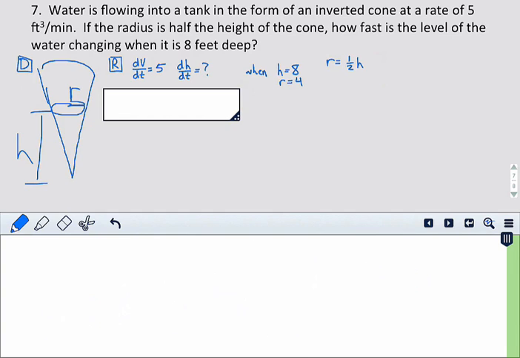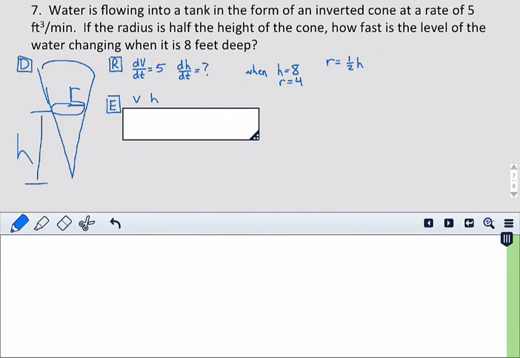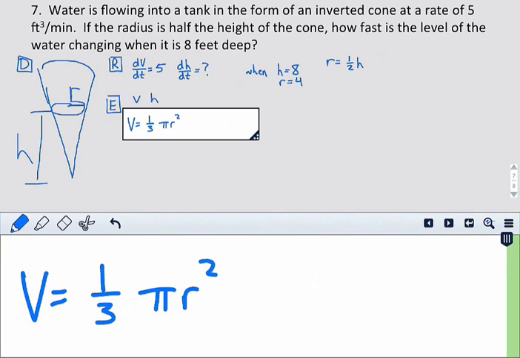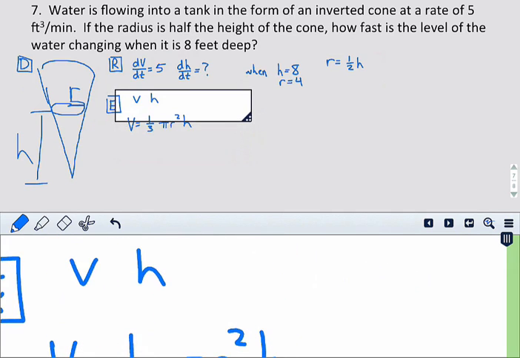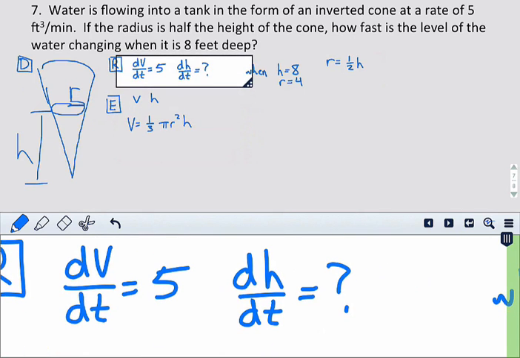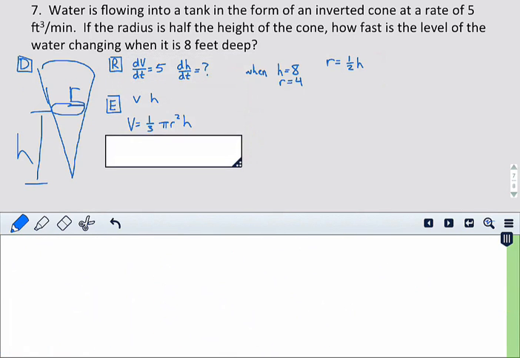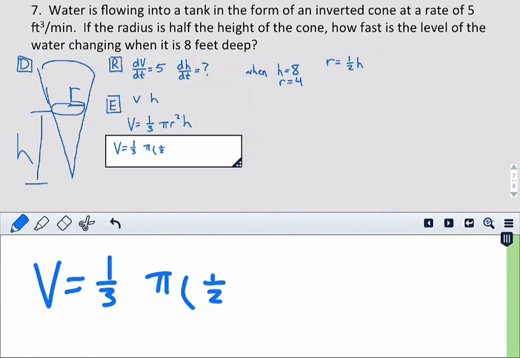So let's go ahead and find our equation. And we want our equation in terms of V and h. So we do have the volume of a cone is 1/3 pi r squared h. Now we know that the radius is 1/2 h, so we're going to substitute that in there because we only have rates for V and we're trying to find the rate for h. So we actually get V equals 1/3 pi times the radius, which is 1/2 h, squared times h.